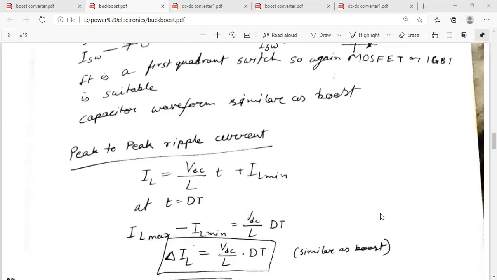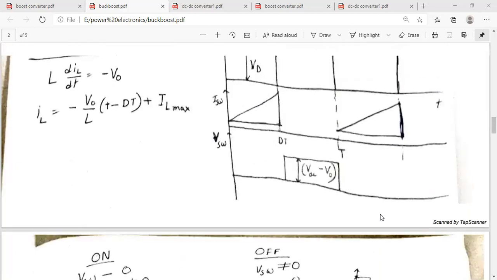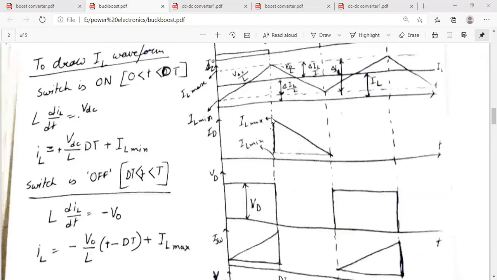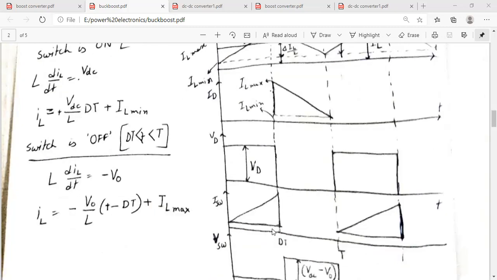Here the capacitor waveform is similar to boost. In this case you can see this is the diode current waveform, because during the off time the diode is switched on or forward biased. Forward biased means the voltage is 0, and when the diode is off, we get the output voltage, that is the diode voltage can be obtained. So this is the diode voltage waveform, this is the diode current waveform, and this one is the switch waveform.